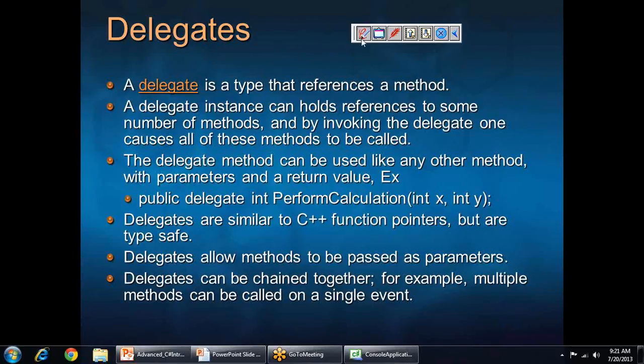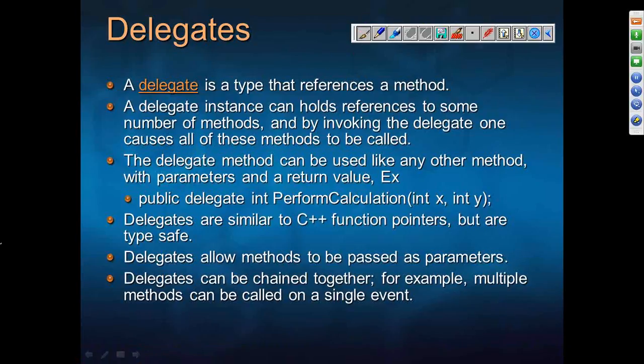So delegate is like, in C++ also we had function pointers, kind of function pointers, but not completely. So it is a type. Delegate is also a type. Like a class is a type, a structure is a type, delegate is also a type, but it can refer to a method or it can point to a method. So when you create an object of delegate, can you create the object of delegate? Yes, of course, because it's a type.